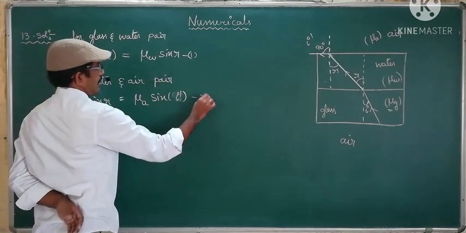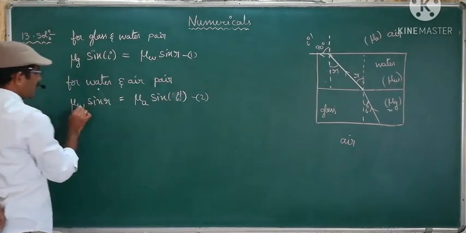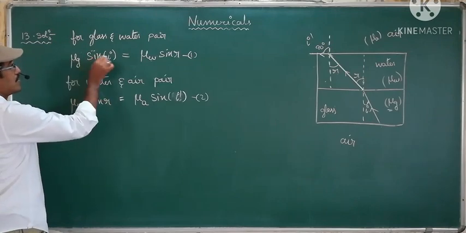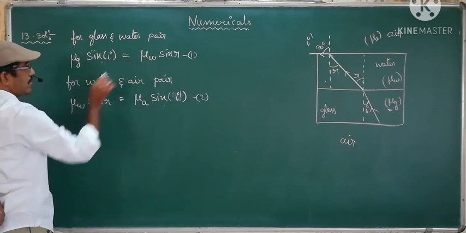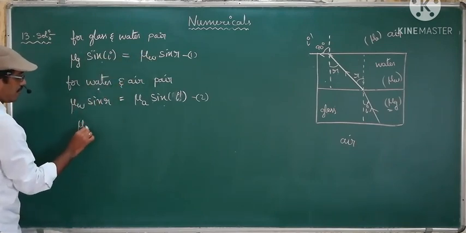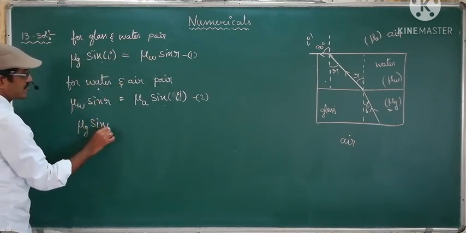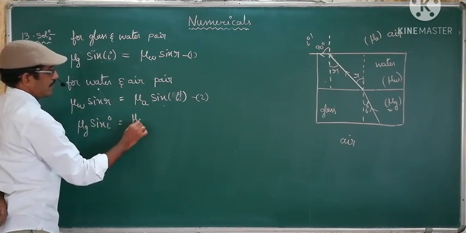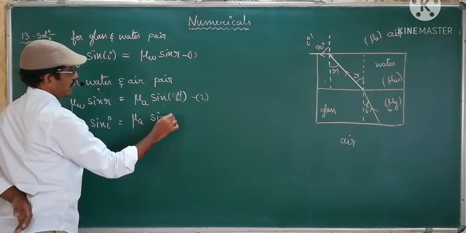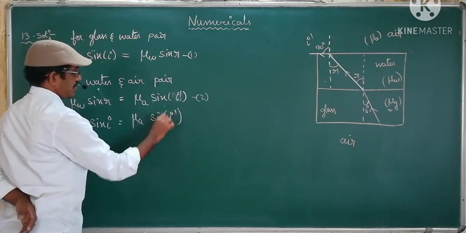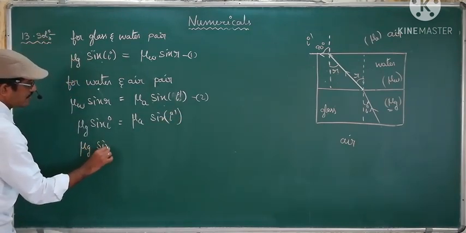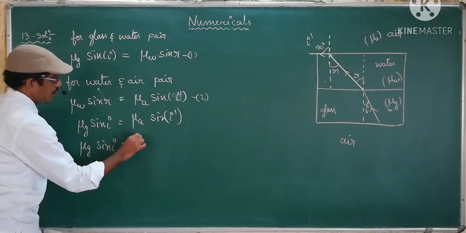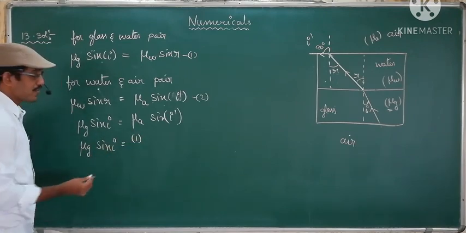From 1 and 2, mu w sine r is equal to mu g sine i is equal to mu a sine i dash. So these two can be equated. These two are equal. That's fine. Mu g sine i is equal to mu a into sine i dash. Refractive index of air is equal to 1.